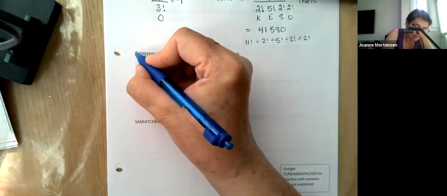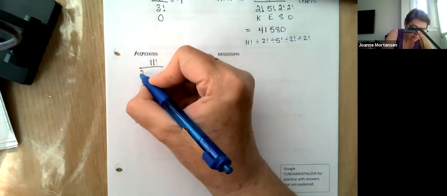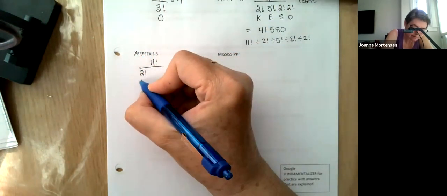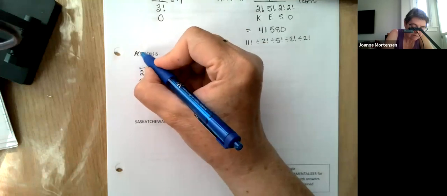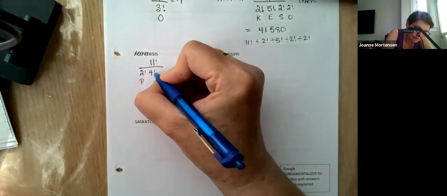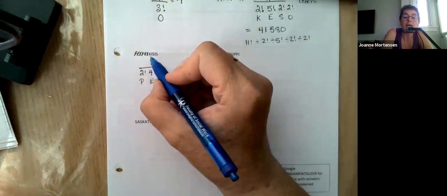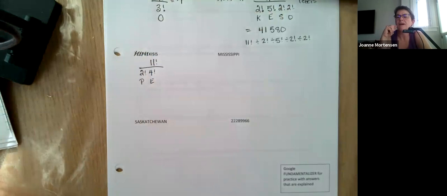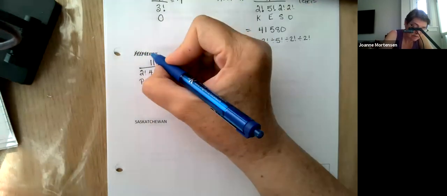And now I go, there are 2 P's. And then there's 1, 2, 3, 4 E's. I'm going to ignore the K. Some people will put like a 1 factorial on the bottom, like they're counting every single letter, but you don't need to. Okay, so I'm just going to cross it off.